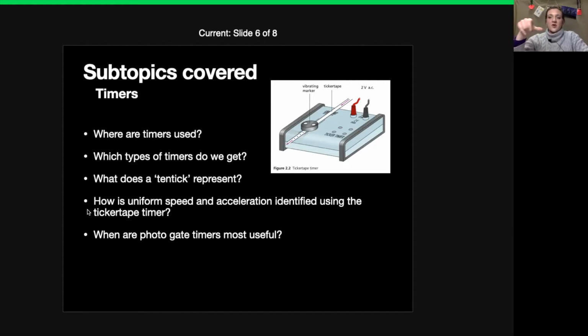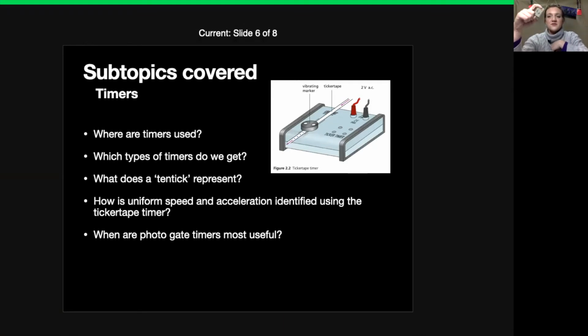Next, we have how is uniform speed and acceleration identified using the ticker tape timer? If you have an object that can move, you will tie one end of the tape to the object that you want to move. The other side of the tape will be stationary and inserted into the ticker tape timer. And as the ticker keeps on ticking every second, it will leave a mark on the tape as the object moves away from the ticker.